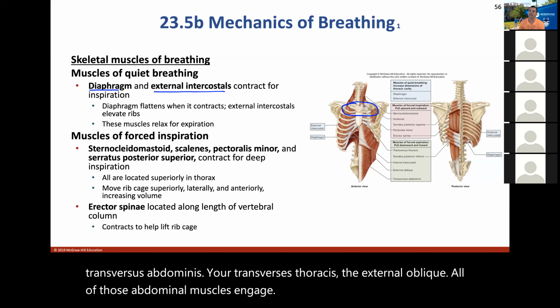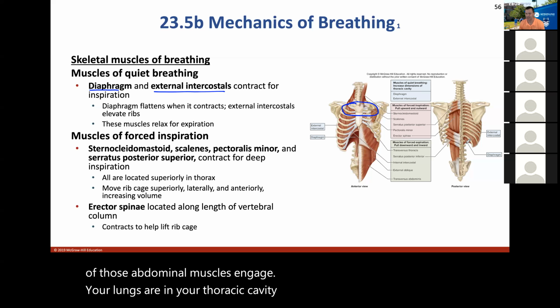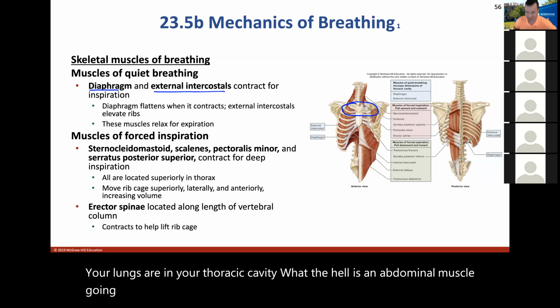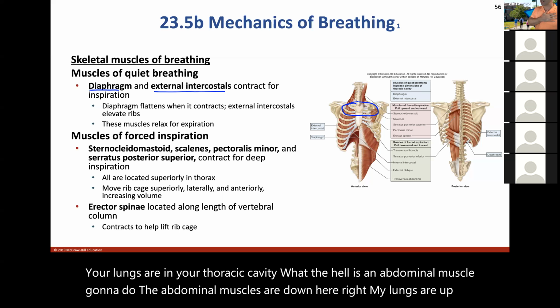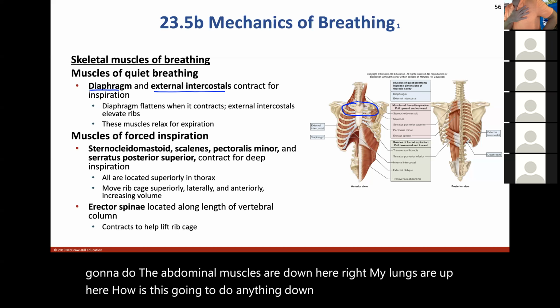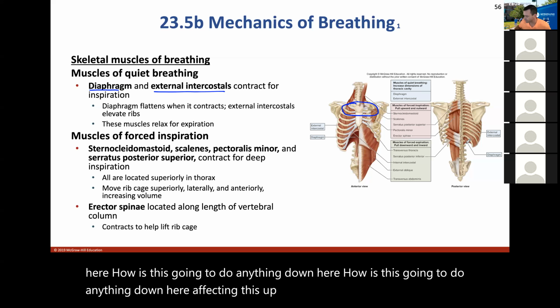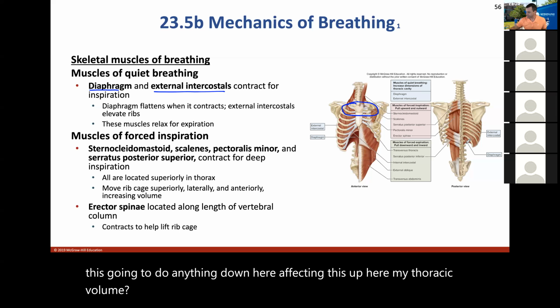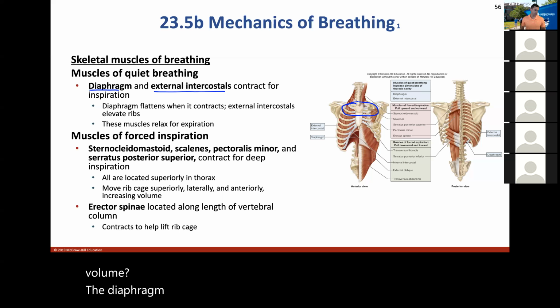Your lungs are in your thoracic cavity. What the hell is an abdominal muscle going to do? The abdominal muscles are down here, right? My lungs are up here. How is this going to do anything down here affecting this up here, my thoracic volume? Well, it's affected by the diaphragm moving. Diaphragm is moving, sure.